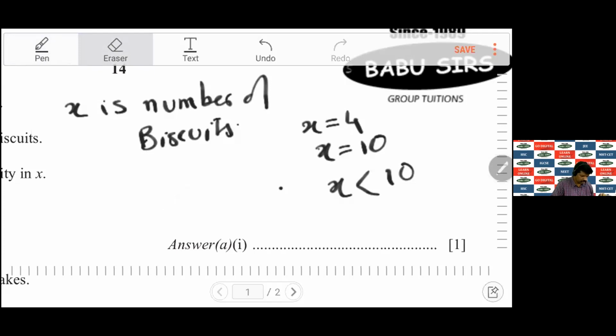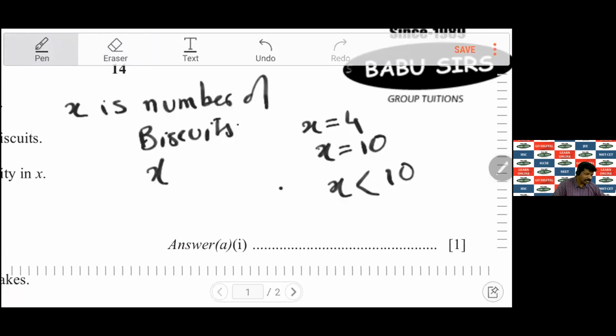Then she has to buy 5 biscuits or more. How to write it? X is greater than or equal to 5. That means she has to buy 5 or more than 5.